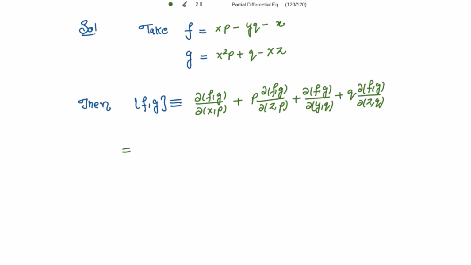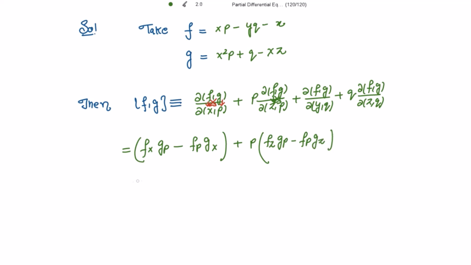Finding the Jacobian of fg with respect to xp gives you the partial derivative of f with respect to x into the partial derivative of g with respect to p, minus the partial derivative of f with respect to p into the partial derivative of g with respect to x, plus similarly fz into gp minus fp into gz.